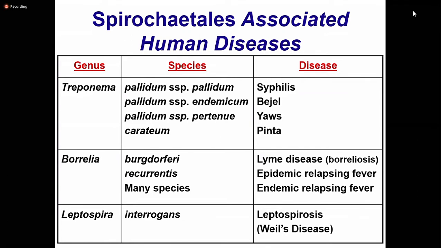You have to memorize some of these organisms, and I'm sure when you go into the block, you will hear about it again. So there are three different genera within the group of spirochetes. One is Treponema, different Treponema, different diseases.